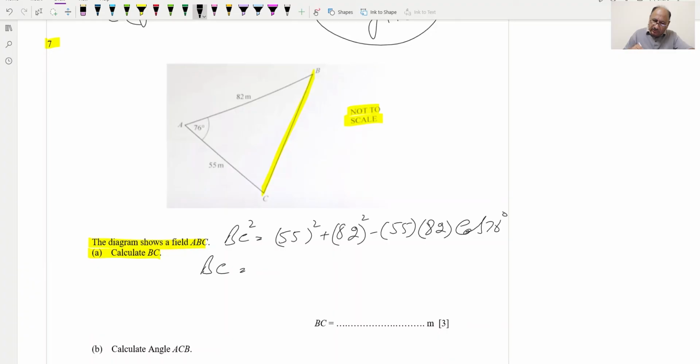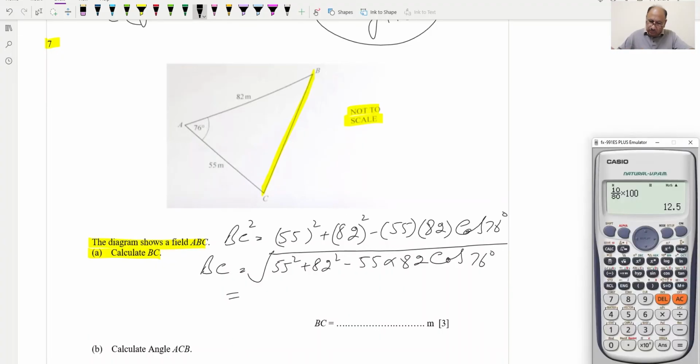Now BC will be equal to the square root of the same thing, so it will be the square root of 55 squared plus 82 squared minus 55 into 82 cos of 76 degrees, bracket close, and we can calculate this.